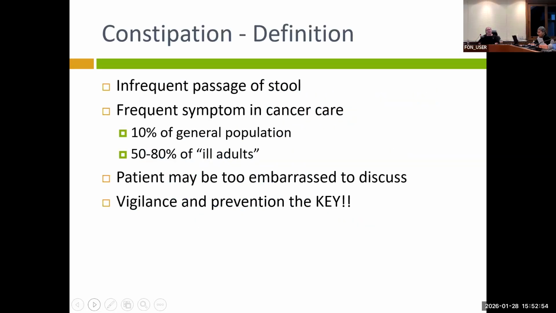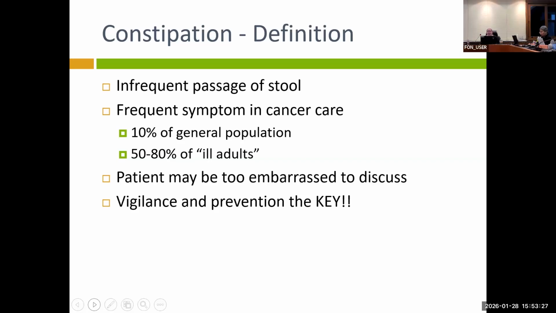The definition of constipation is infrequent passage of stool, and it is really common in cancer care. Only 10% of the general population have constipation, but 50 to 80% of cancer patients have constipation. The reason we as nurses have to be especially vigilant is that it's not something patients usually want to discuss.